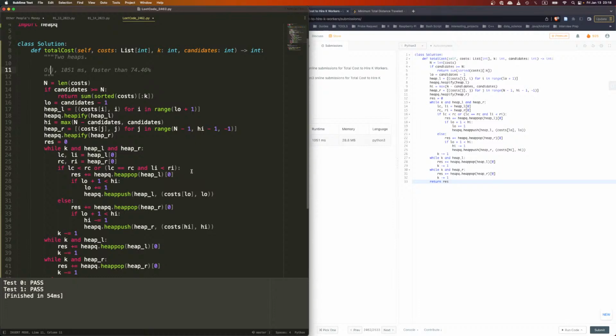Oh, candidates. There's also candidates. Heap file is log n.